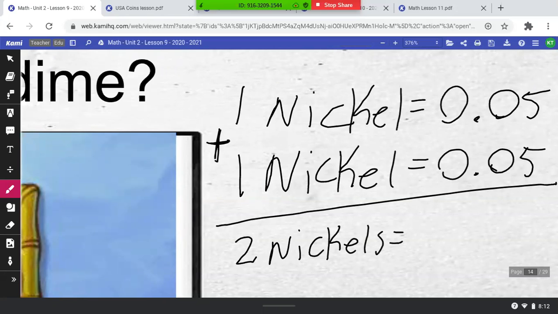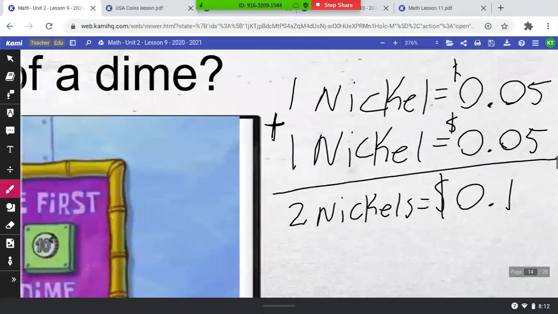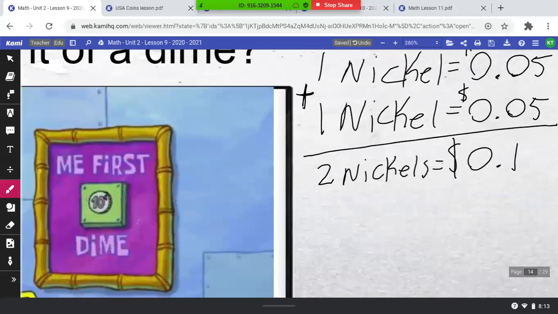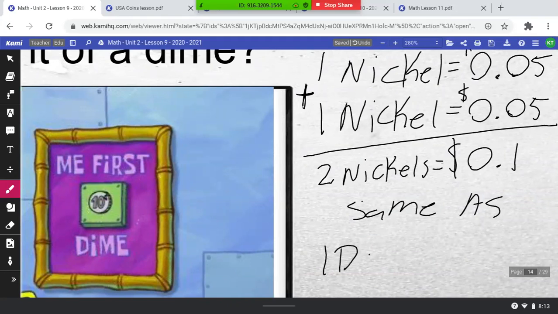And then I would have 10 cents. So if you're at the store and they give you change and they hand you 2 nickels, I bet you'd be confused. You would probably be thinking, just give me 1 dime. Because 2 nickels, that is the same as 1 dime.